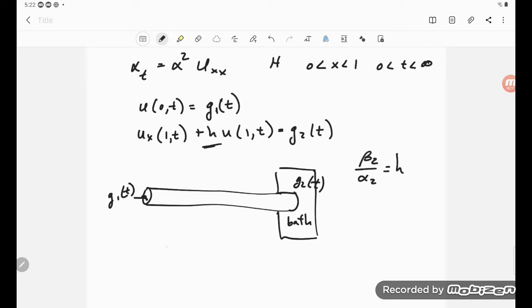It has that temperature, so we actually fix the temperature at the 0 end, and at the 1 end we just put it in a bath, and everything there is insulated along the length of the wire. Okay, and then we have our initial condition that u of x and 0 is equal to phi of x.